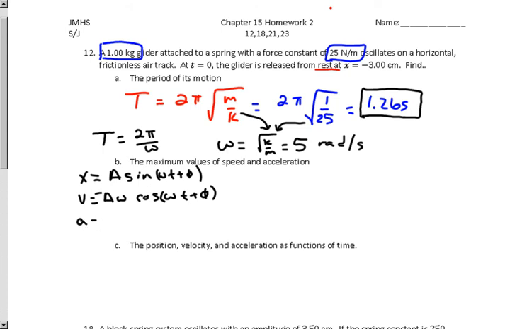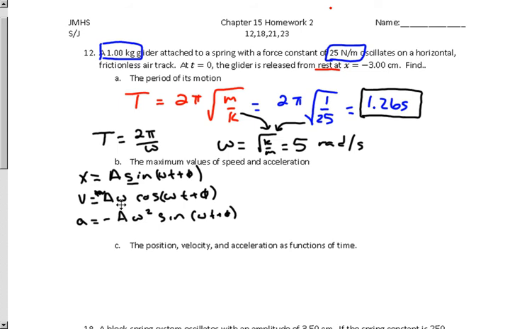And then for our acceleration, a is negative A omega squared times the sine of omega t plus phi, or you can change these to cosine, however you want to do it. Although I'm just realizing that a negative sign should not be on v. It does not show up until the acceleration if we start with sine.